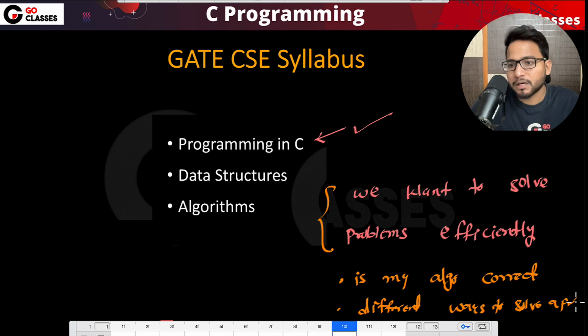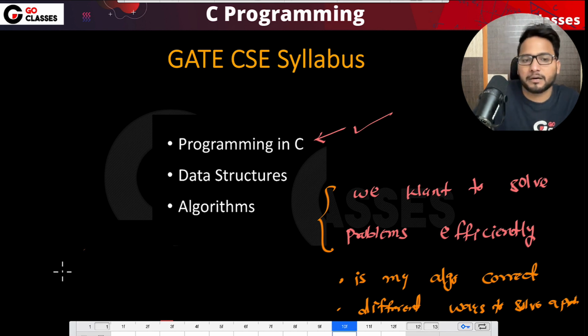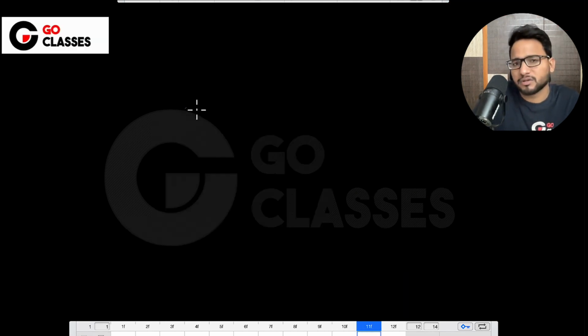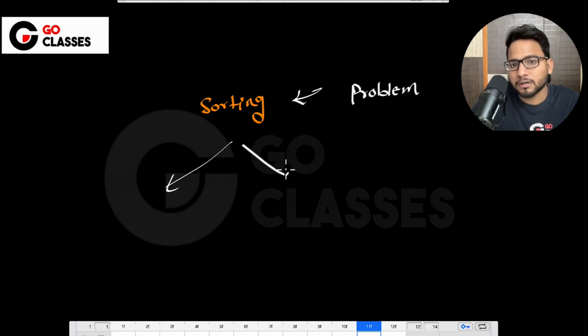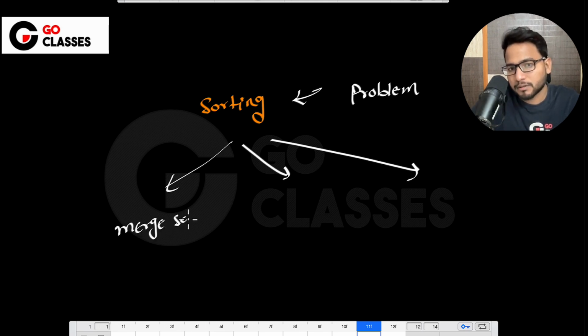Let me give you an example. You might have heard about something called sorting, right? If you want to sort a few numbers, this is called a problem, and you can solve this problem in multiple ways. Maybe you can use merge sort, or maybe quick sort, right?